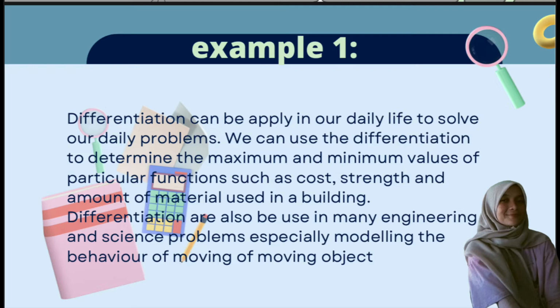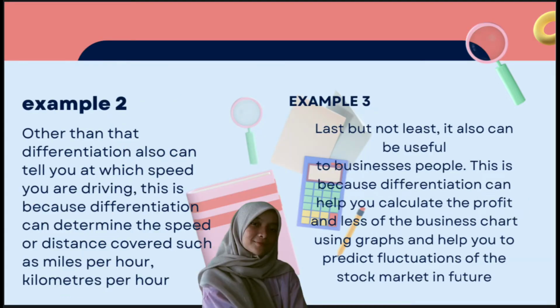Differentiation is also used in many engineering and science problems, especially modeling the behavior of moving objects. Example 2. Other than that, differentiation also can tell you at which speed you are driving. This is because differentiation can determine the speed or distance covered, such as miles per hour, kilometer per hour.